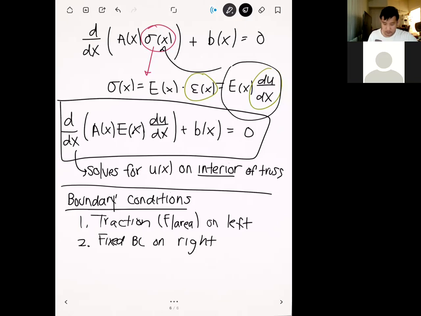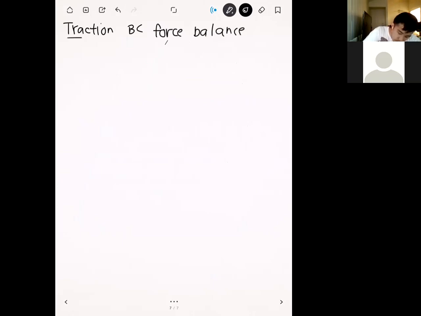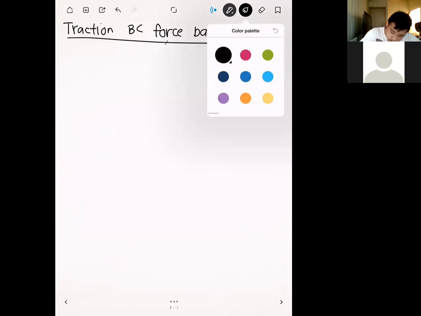Okay, so let's take a look at the force balance with the traction boundary condition on the left. All right, so let me draw a tiny slice of the truss right here.